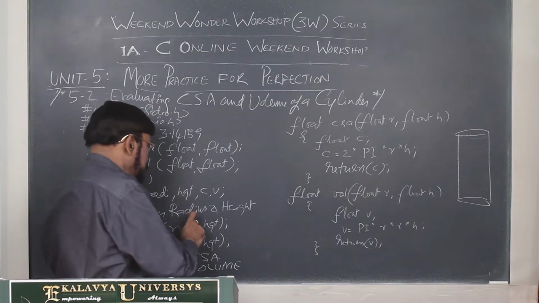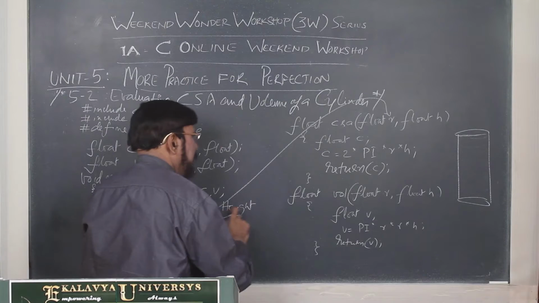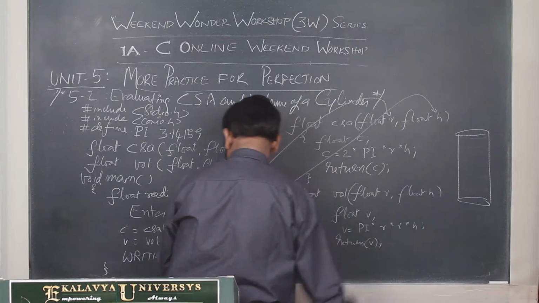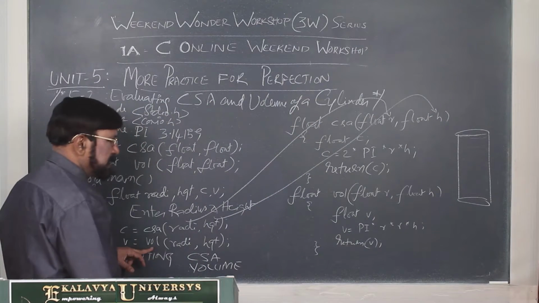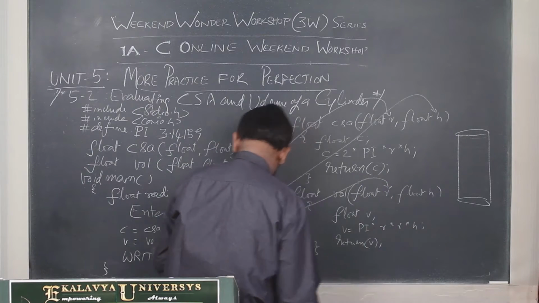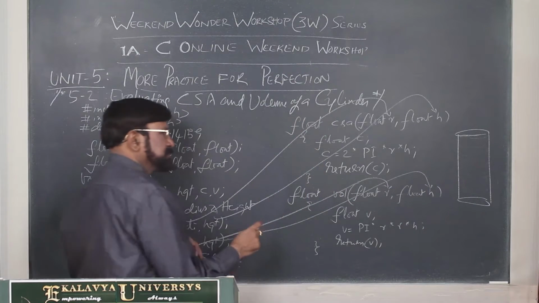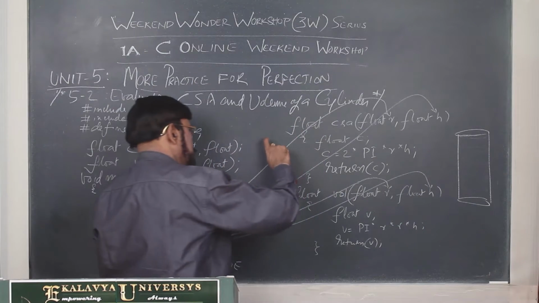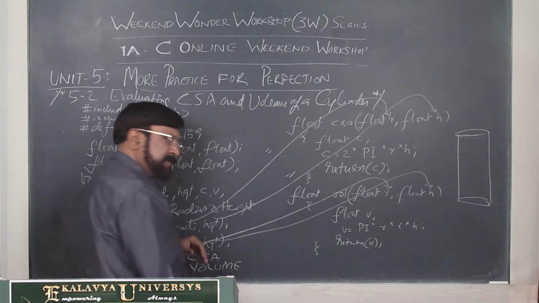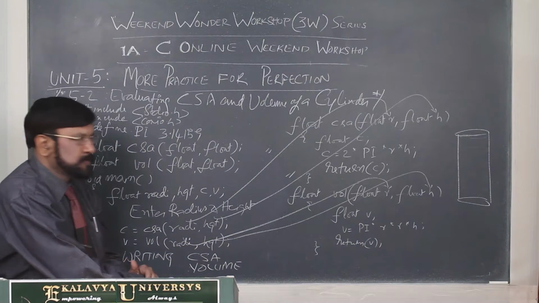Radius goes here and is copied, height goes here and is copied. Next, as far as volume is concerned, radius is copied here and height is copied in H. This is what I told you, invisible assignment. Thereafter the caller function main is over.